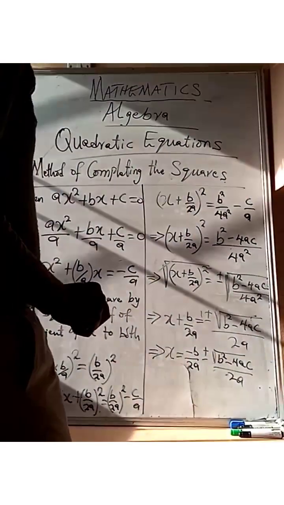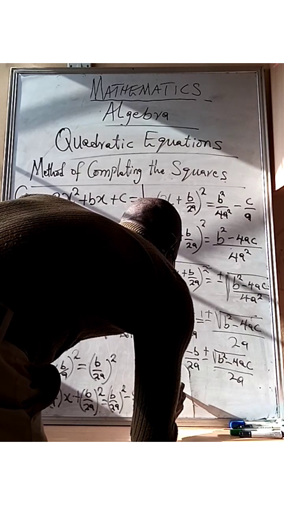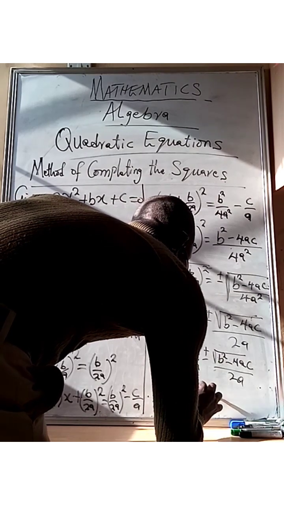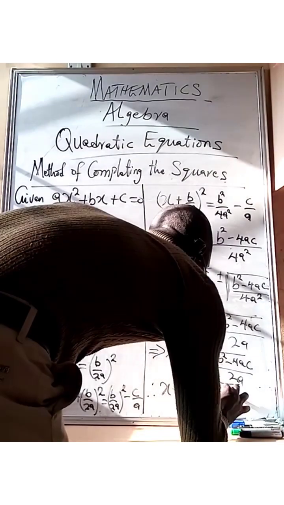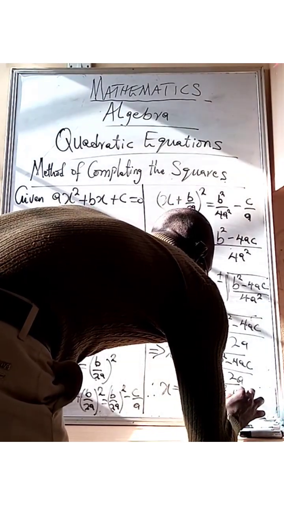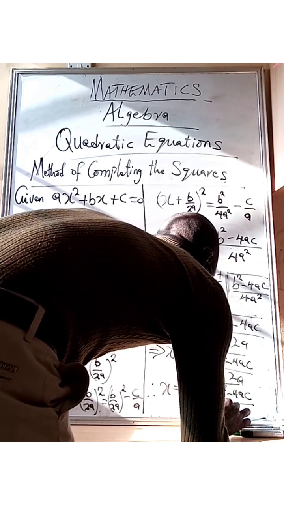Now, these are two fractions both having the same denominator. So if we simplify, we're now therefore going to have x is equal to negative b plus or minus the square root of b squared minus 4ac everything over 2a.